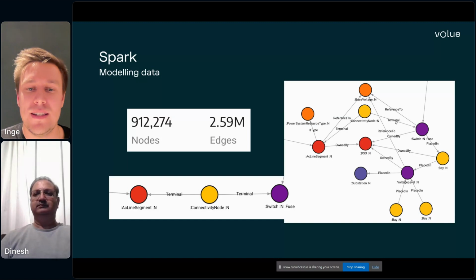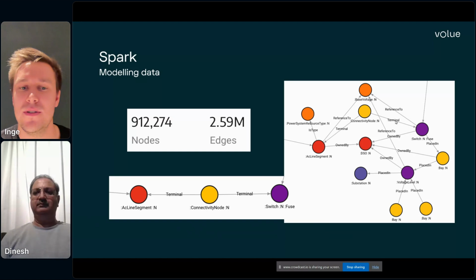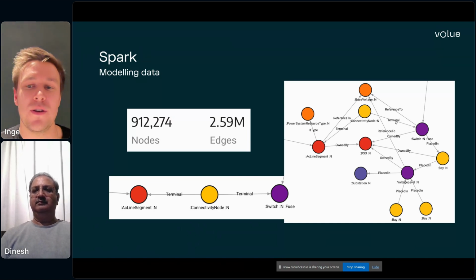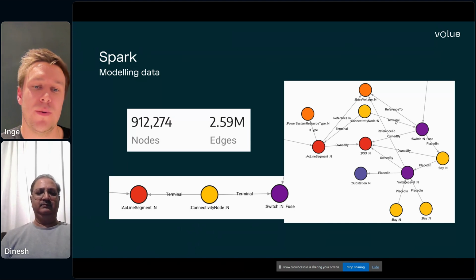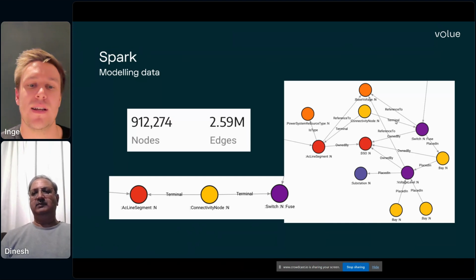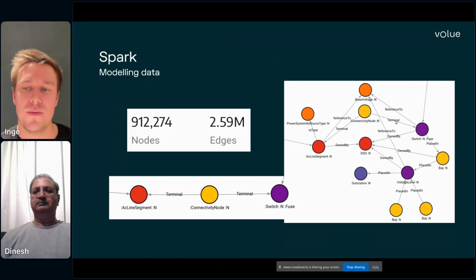So mostly the relationships that we make by ourselves, which are like is type, reference to, placed in, and owned by, for example, have a specific direction that we choose, whereas the electrical part, which is the terminal, should in theory not have any direction, but we chose to have connectivity nodes always point to an equipment, and an equipment will be an AC line segment, switches, power transformers.